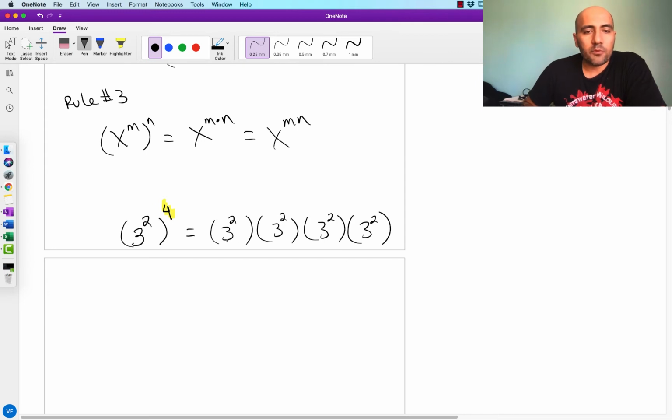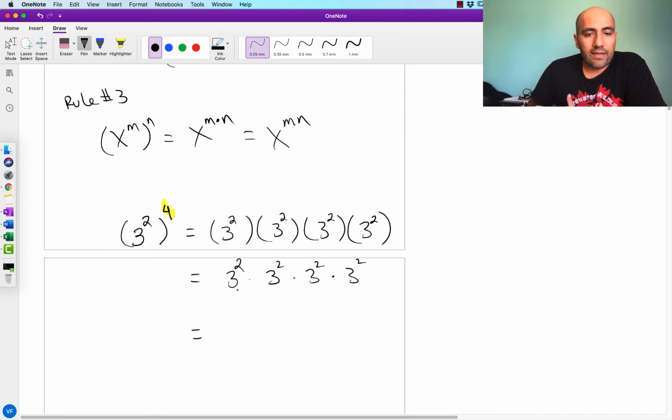Good. These parentheses are there to simply indicate that we have this quantity multiplied by this quantity multiplied by that quantity, right? So they're not really necessary in this context, so I can just get rid of them. This is 3 squared times 3 squared times 3 squared times 3 squared. Okay, well, we have exponential numbers being multiplied with the same base, so we learned from before that all we have to do is add the exponents, right?